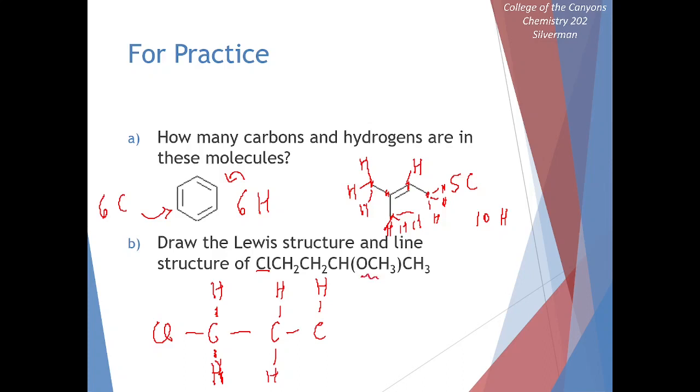One is going to go out to this OCH3 group. One is going to go out to this other CH3 group. So we can have OCH3, and we can have CH3 here as well. And we'll connect these all with little lines.